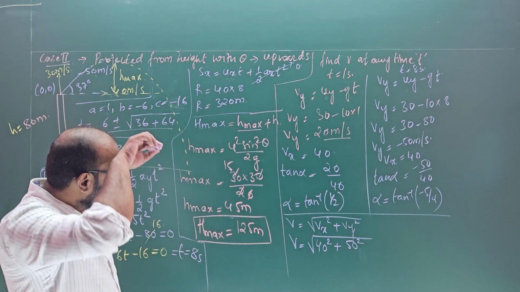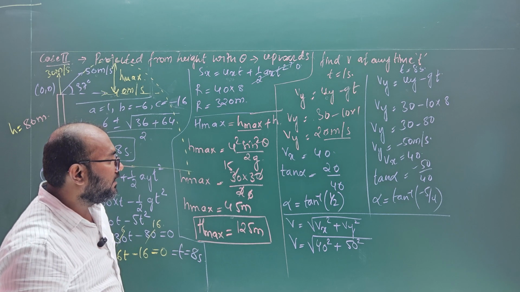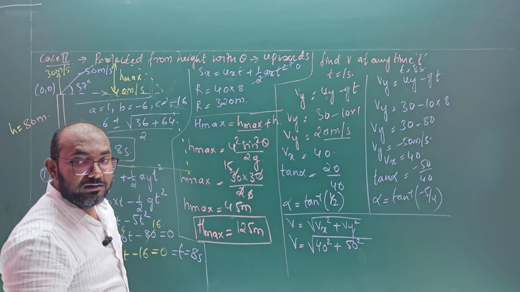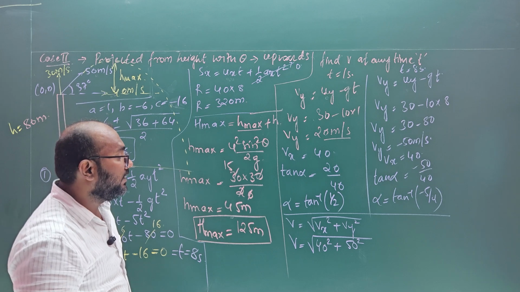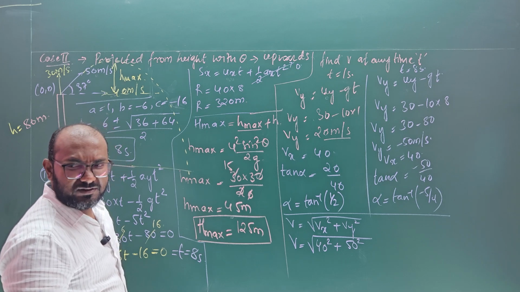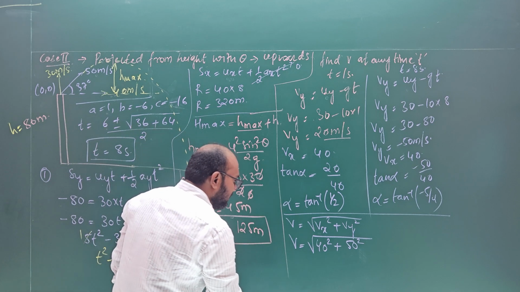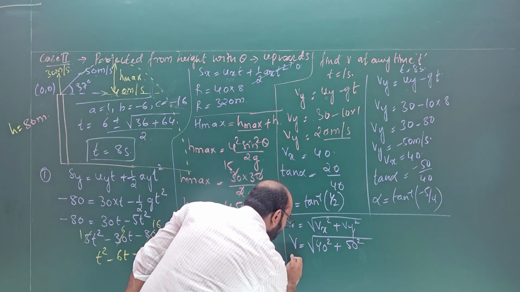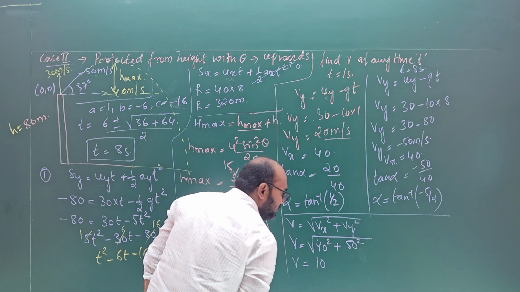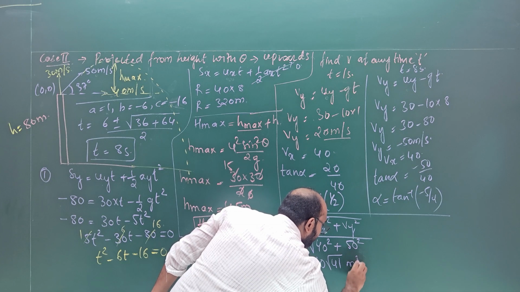How much are 40 square and 50 square? 1600 plus 2500, that becomes 4100. Yes. Okay. Then can I say that here the velocity is nothing but v is equal to, what did we write? 10 root 41, na? 10 root 41 meter per second.